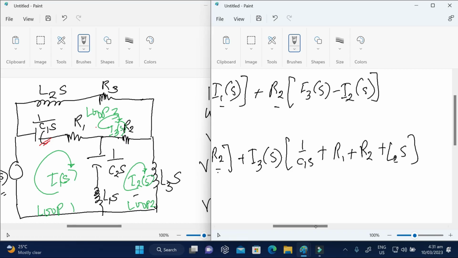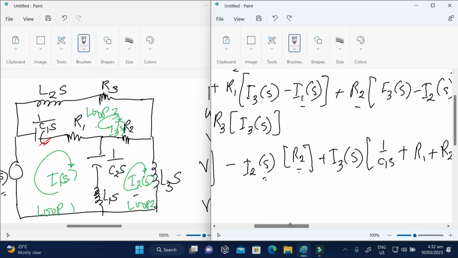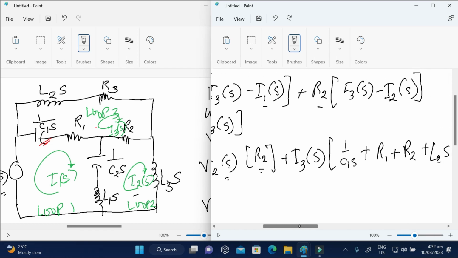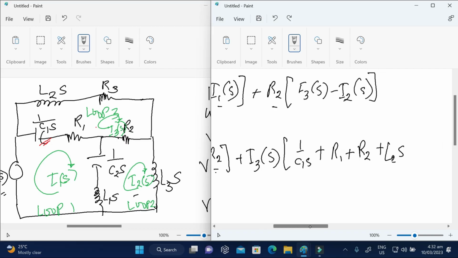Yan, apat, 1, 2, ay, 5 pala. L2S, tsaka si C1, R1, R2, si R3.